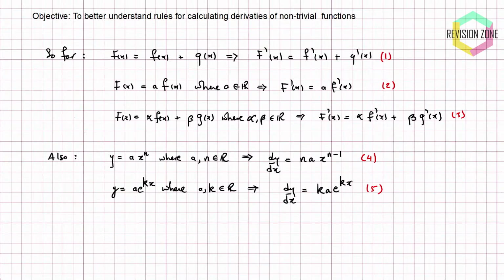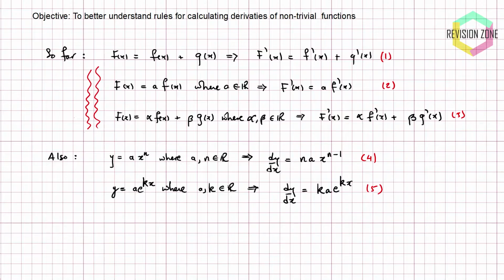So these are basically higher order rules. And in this video, we're going to be looking to work out rules which are analogous to these, but for more complicated combinations of how functions are being combined.